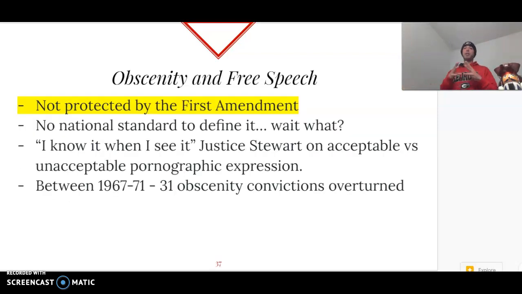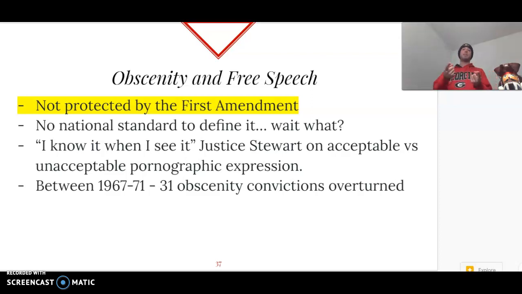So, you need to know obscenity along with defamation and hate speech are not protected by the First Amendment. Now, here's the weird thing about it. There's no national standard really to define it at this time. All right, we have a Justice Stewart, who uses this keen phrase. He goes, "I know it when I see it." That does not help us, okay?